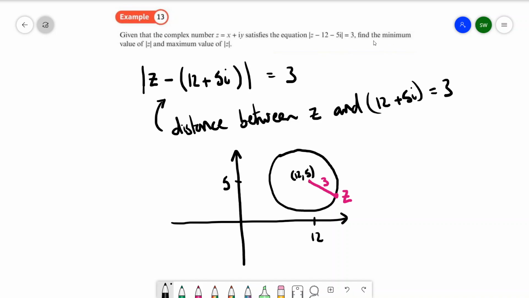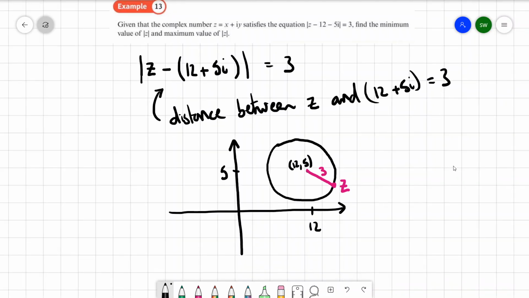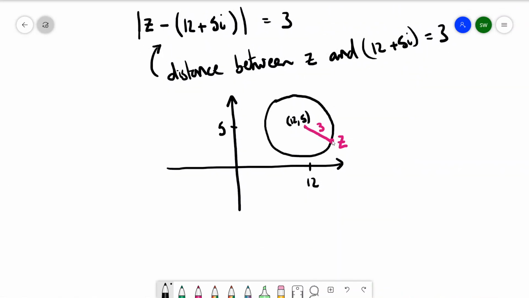What the question is asking is, what's the minimum possible value for the modulus of z? So we can think about z moving around this circle. And as z moves around the circle, the modulus of z is going to change. Remember, the modulus of z is the distance from z to the origin. So if z was there, for example, the length of this green line would be the modulus of z.